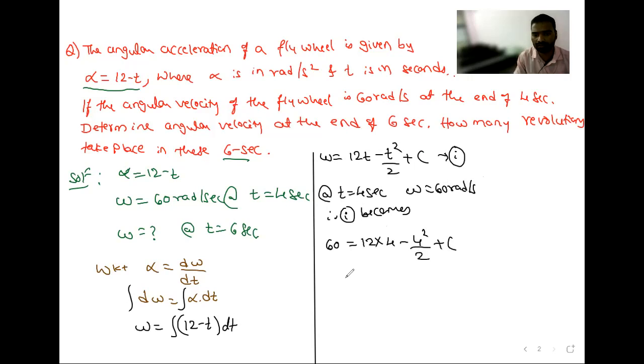Can you tell me the value of c? 60 minus 48 plus 8 gives 48 minus 8 is 40, and 60 minus 40 is c.